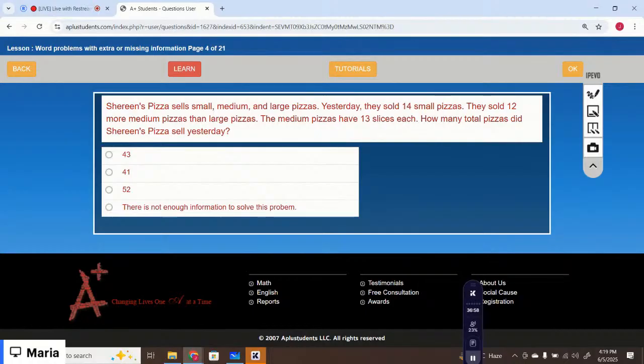Shireen's Pizza sells small, medium, and large pizzas. Yesterday they sold 14 small pizzas. They sold 12 more medium pizzas than large pizzas. The medium pizza has 13 slices each. How many total pizzas did Shireen's Pizza sell yesterday?